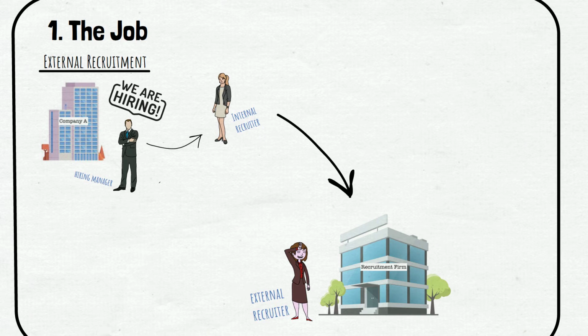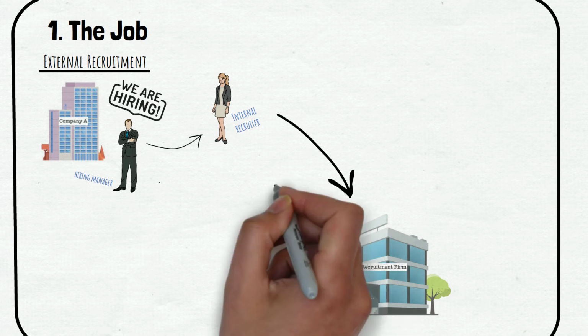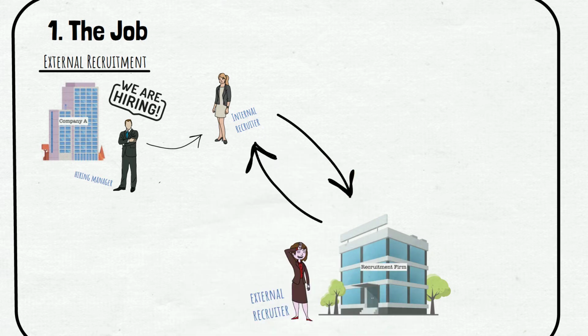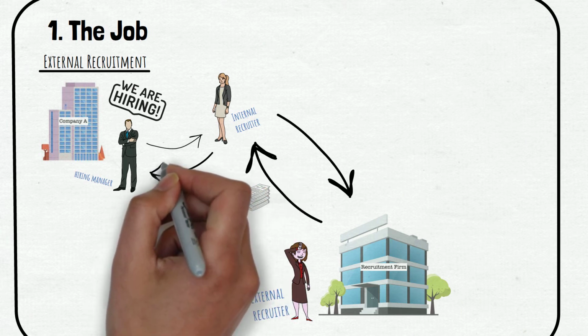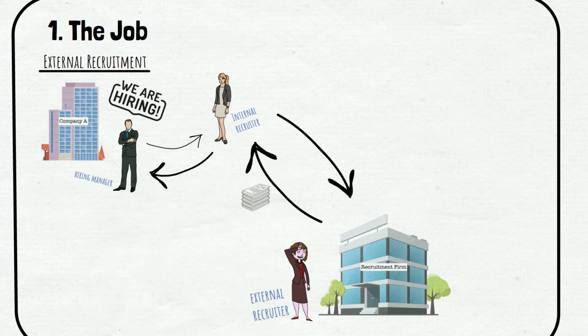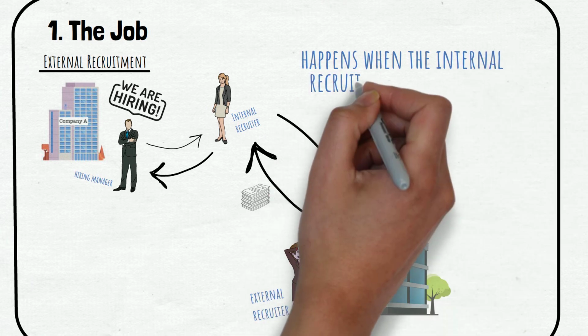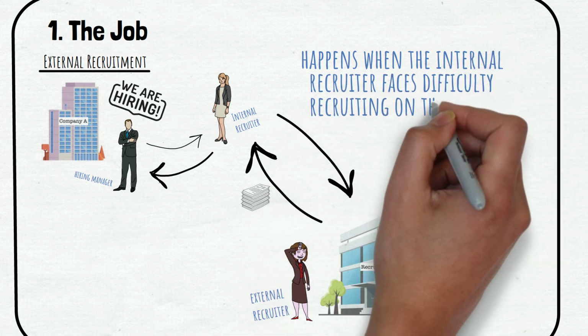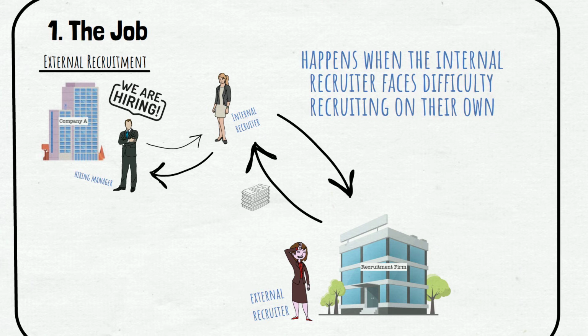When the external recruiter has found a suitable applicant for the role, he or she passes the resume to the internal recruiter, who then passes it to the hiring manager. This happens when the internal recruiter in Company A faces difficulty in handling recruitment on their own, so they then look to an external recruiter for help.